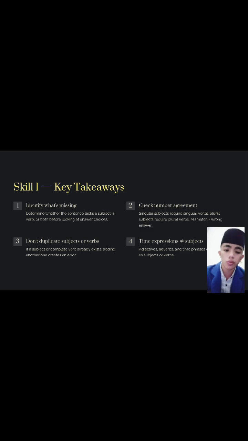A singular subject requires a singular verb, a plural subject requires a plural verb, and a mismatch is a wrong answer. Number 3, don't duplicate the subject or verb. If a subject or a complete verb already exists, adding another one creates an error. Number 4, time expressions, adjectives, and adverbs cannot function as a subject or a verb.